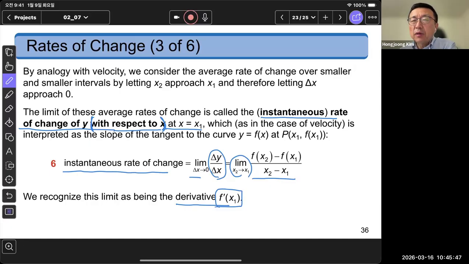But in some other fields of sciences, people may want to call that value the instantaneous rate of change of the function at a point. So in our calculus class, f prime of x1 may be used for the notation. Graphically, that represents the slope of the tangent line. So this slope of the tangent line is the meaning of this limit in the graph of f of x. And in some applications, that was representing the instantaneous rate of change of the function at the given point x1.